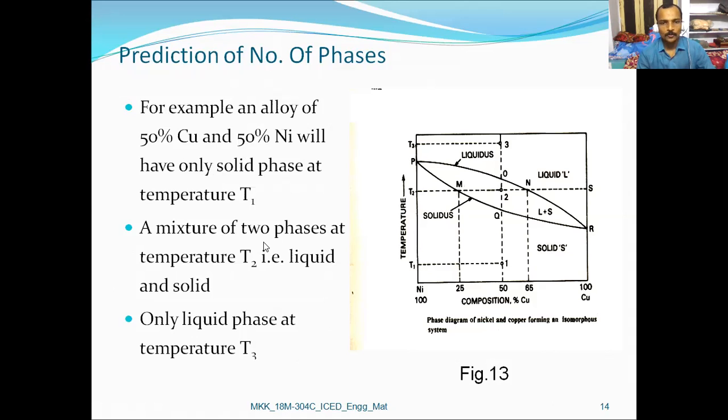A mixture of two phases, liquid and solid, is present at temperature T2, with liquid above and solid below. And only the liquid phase at T3, since it is above the liquidus line; at temperature T3 only the liquid phase is available.